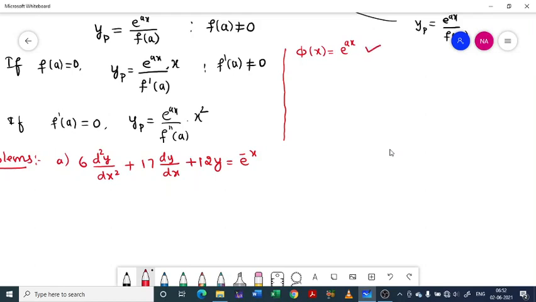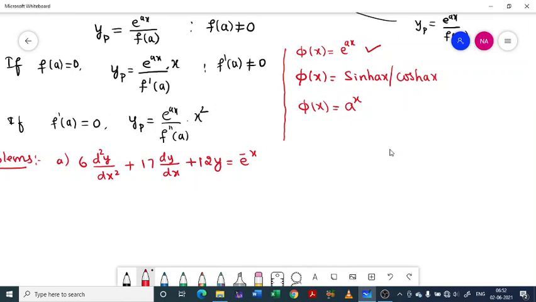This can be applied even if the right hand term is a hyperbolic function, sin hax or cos hax. Even it can be applied if phi of x is of the form a power x. So for these kinds you can apply this type 1 method.